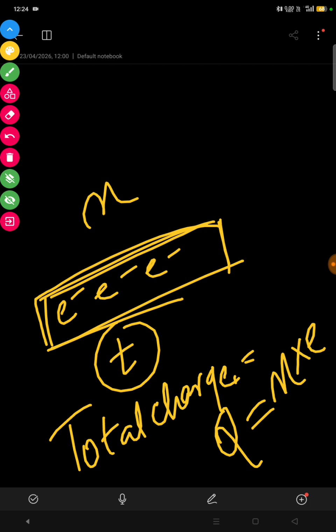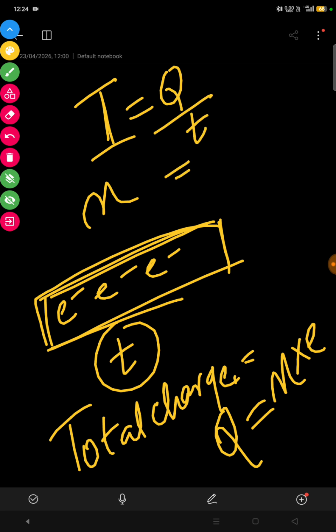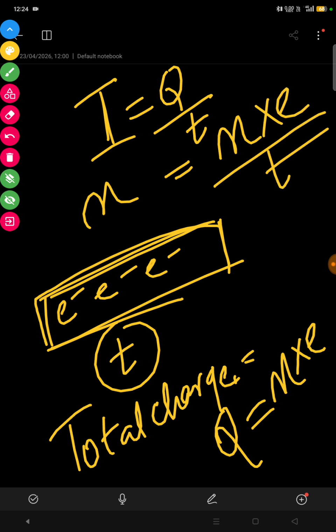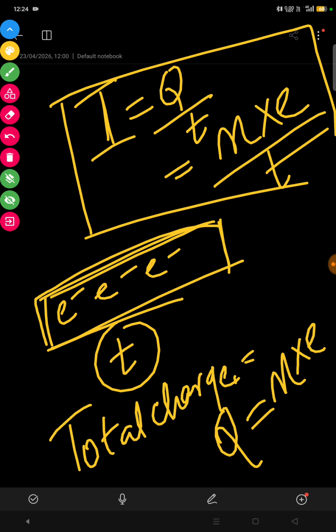So the total charge flowing through the conductor is the number of electrons times the charge of an electron, Q is equal to n into E. So we get a new formula of electric current: I is equal to Q by T, which is also equal to small n into E divided by T. This is another formula of current.